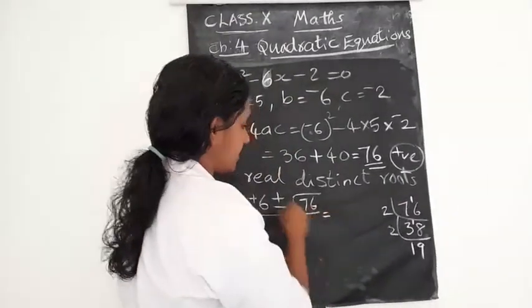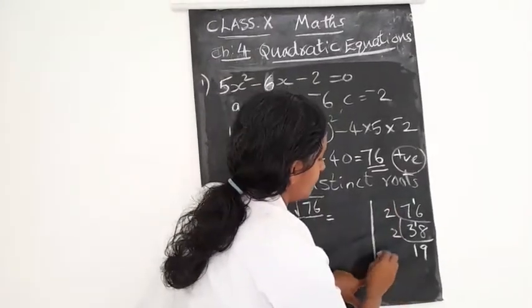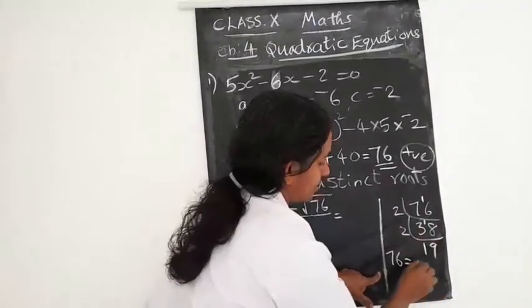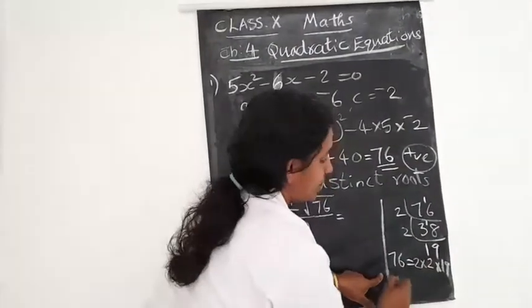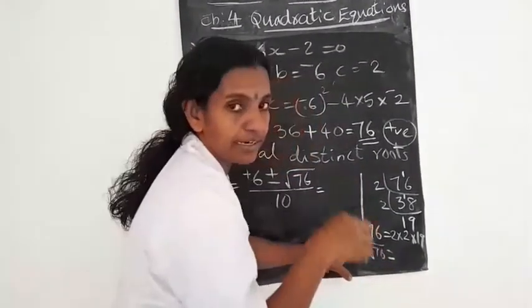Here you are getting root of 76. We can write it here itself. 76 equal to what? 2 into 2 into 19. So root of 76 means what? One 2 you can take out.